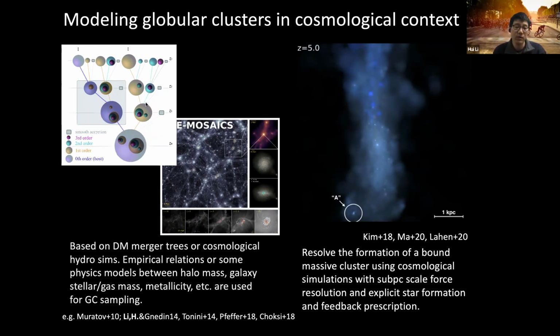For example, during the last 10 years, my collaborators and I have been developing several semi-analytical models that try to paint the Milky Way globular clusters into either N-body or hydrodynamical cosmological simulations, and use some empirical relations to sample the globular clusters and to study the scaling relations of the globular clusters in different types of galaxies.